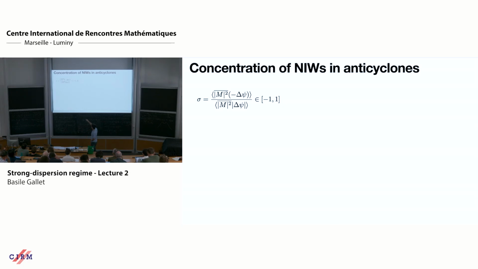And I'm dividing by the average of the absolute value of the vorticity, so that this quantity is between -1 and 1. It's +1 if all the kinetic energy is contained in anticyclonic regions of the background flow, and it's -1 if all the kinetic energy is contained in cyclonic regions of the background flow. Not quite a correlation coefficient.